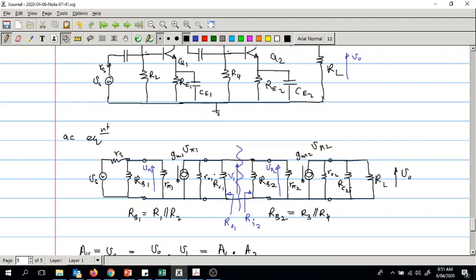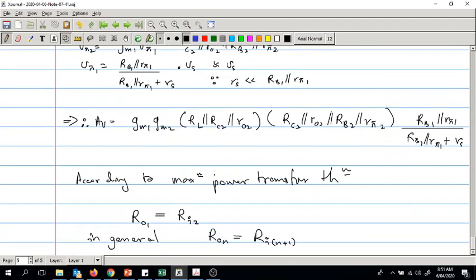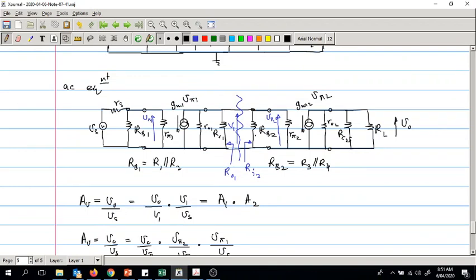According to the maximum power transfer theorem, the load that you feel has to be equal to the Norton's or Thevenin's resistance.